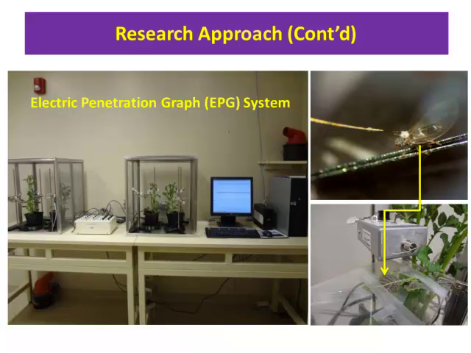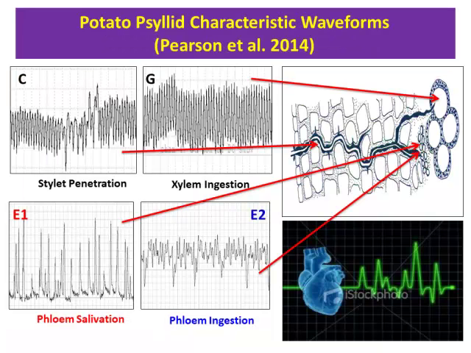Of course, you have to send a very small electrical current to electrify these insects, otherwise they will just die. One of my former students, Pearson, was the first person to develop waveforms for the potato Psyllid.